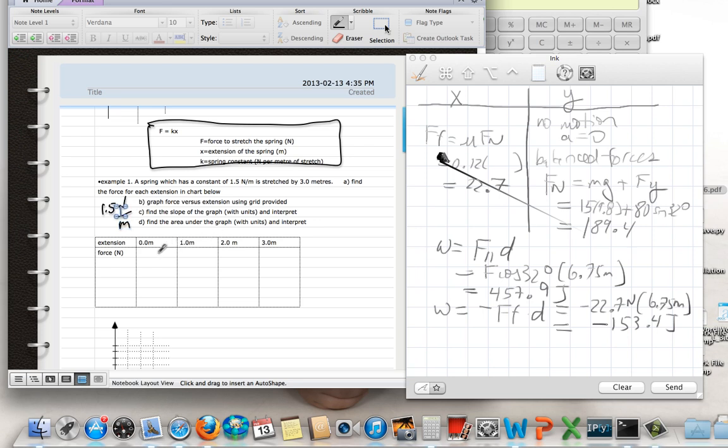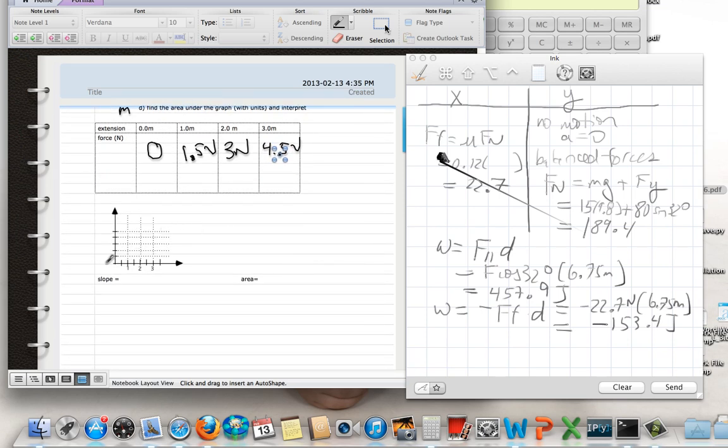Now, what this means is, if it's not stretched at all, then there's no force. To stretch it a meter, you would need 1.5 newtons of force. To stretch it 2 meters, you would need 2 meters times this, so 3 newtons of force. To stretch it another meter, you'd need another 1.5 newtons, so 4.5 newtons of force would be required for that.